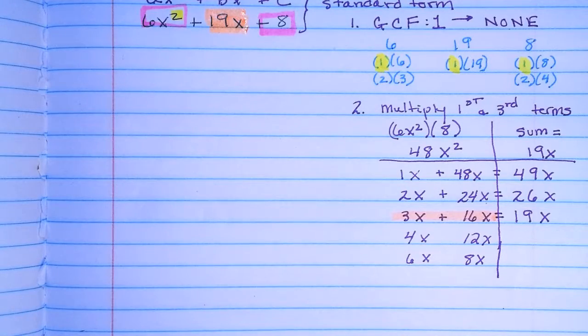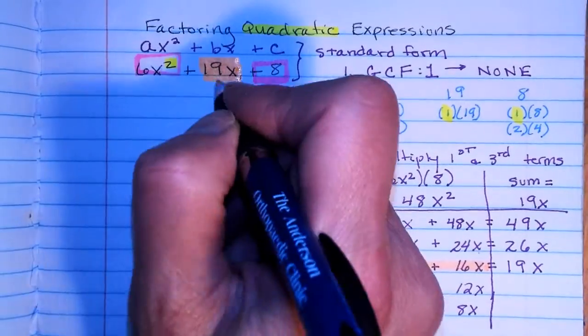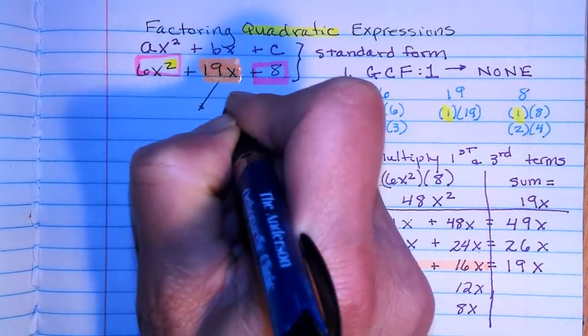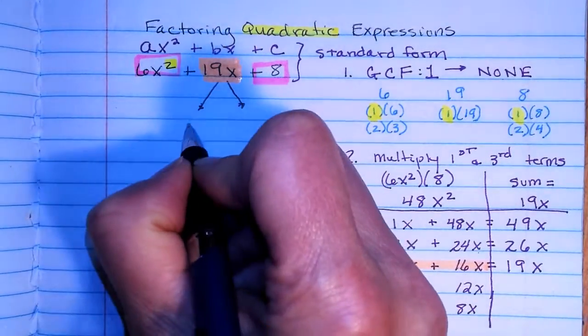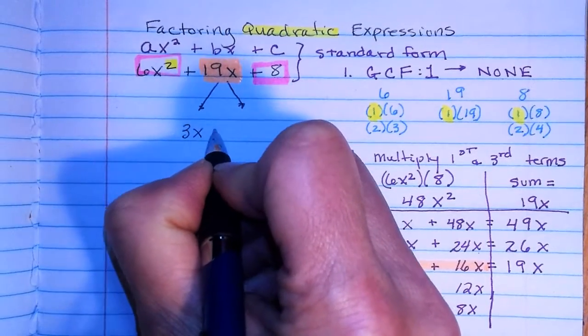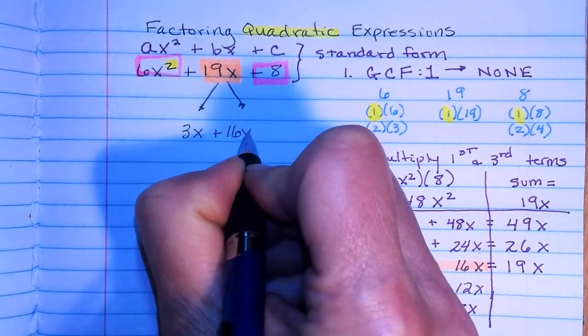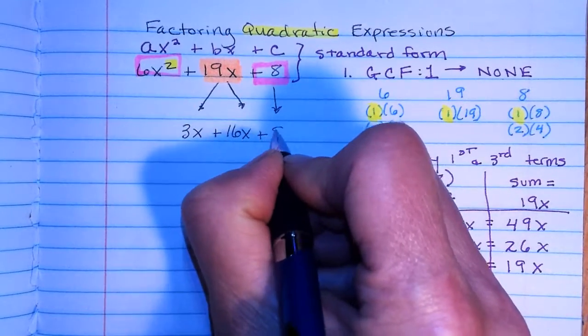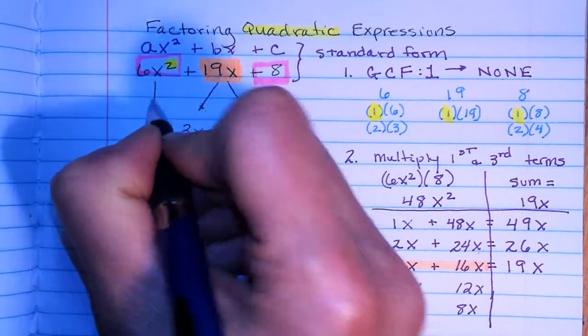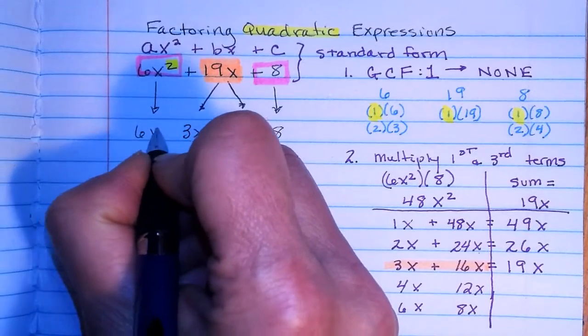That's what I'm looking for. So this is what I'm going to do now. I'm going to take this 19 and split it into 3x plus 16x. I'm going to bring down this plus 8, and bring down this 6x squared.